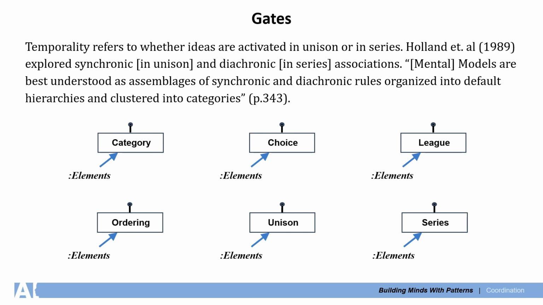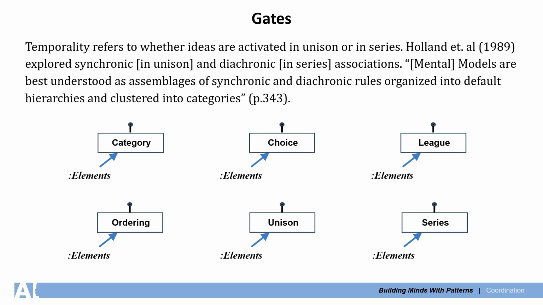Temporality refers to whether ideas are activated in unison or in series. Holland, Holyoak, Thagard, and Nisbett explored synchronic, which means in unison, and diachronic, which means in series, associations. They say mental models are best understood as assemblages of synchronic and diachronic rules organized into default hierarchies and clustered into categories.